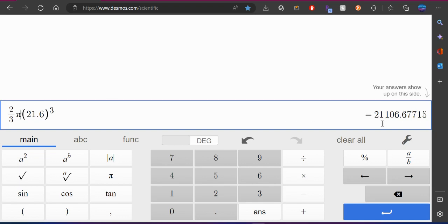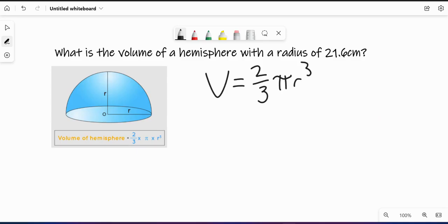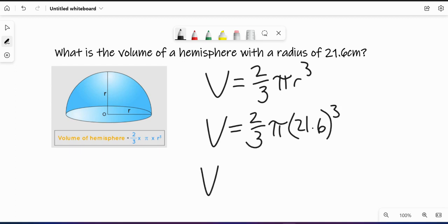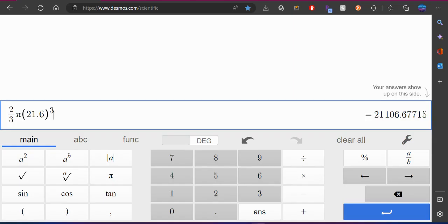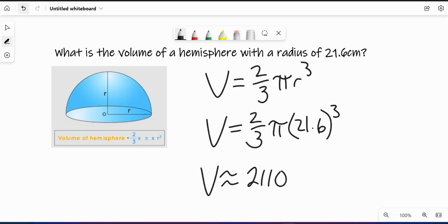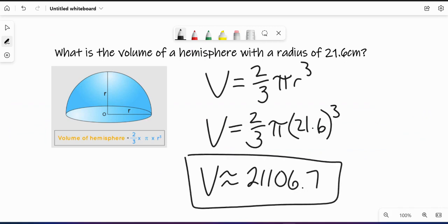So 21,106.7 is my approximation at the end.